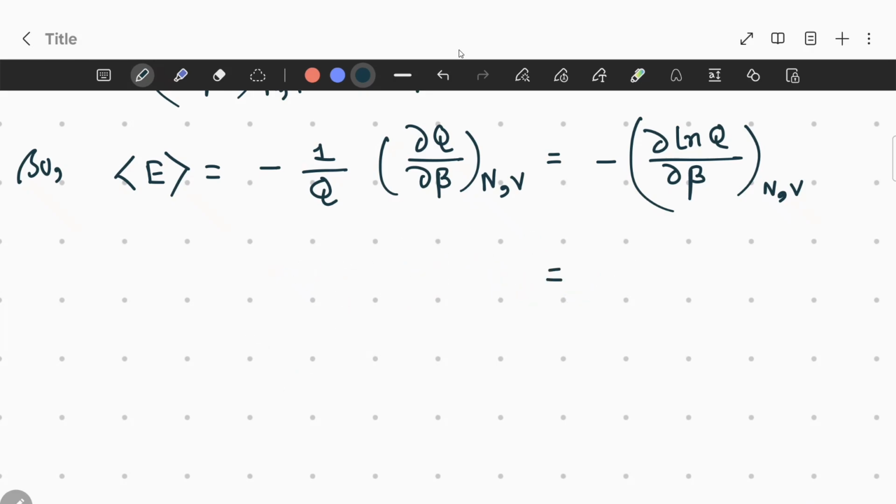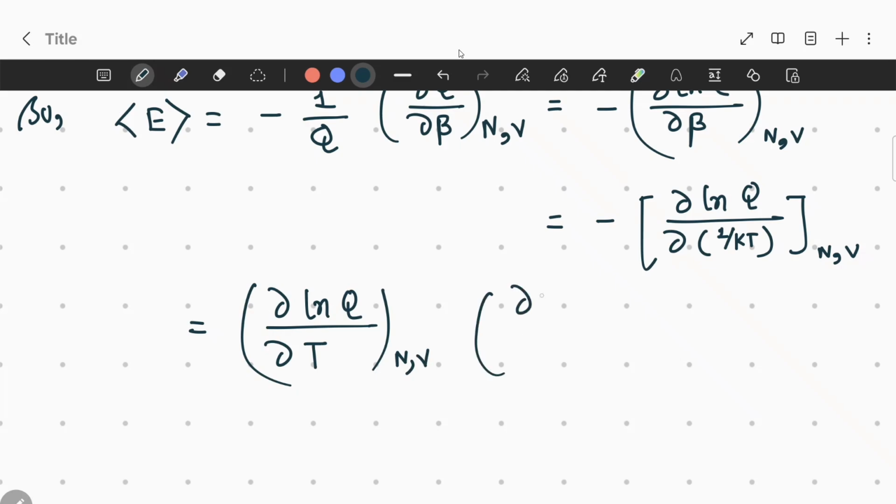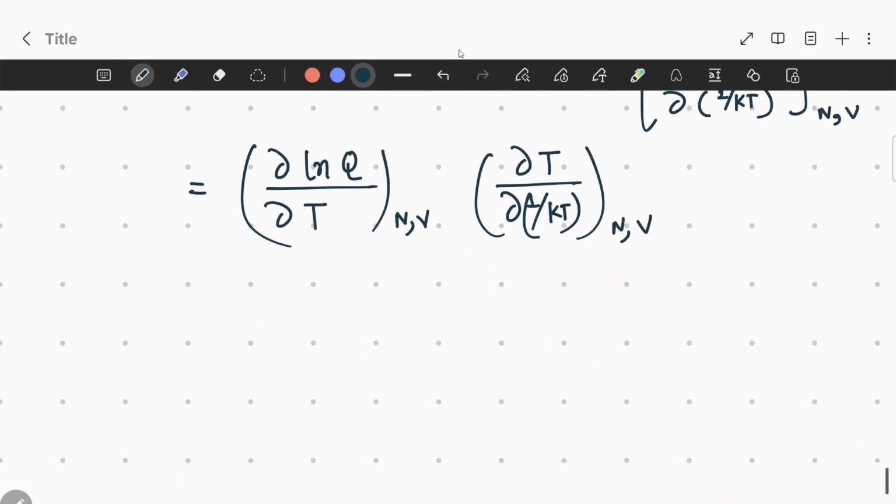Then it will be just minus d ln Q, del ln Q del beta at constant N, V. So how you can solve it?